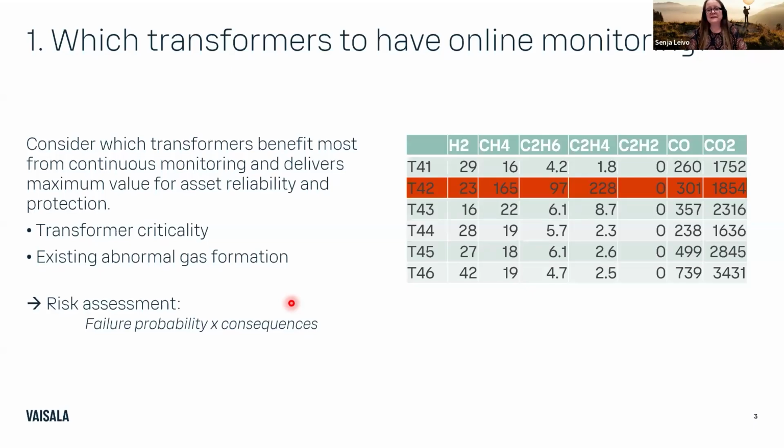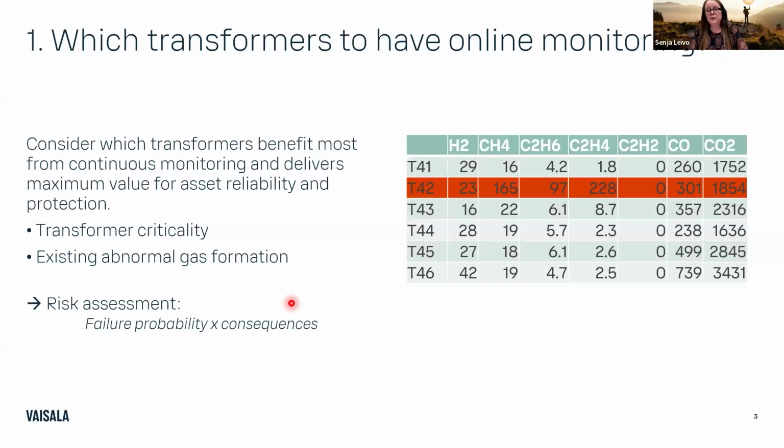In this example table on this slide are 6 relatively similar transformers, sometimes even from the same design, same manufacturer at the same time, having very similar history, and you would expect the gases in these 6 transformers to be pretty similar.